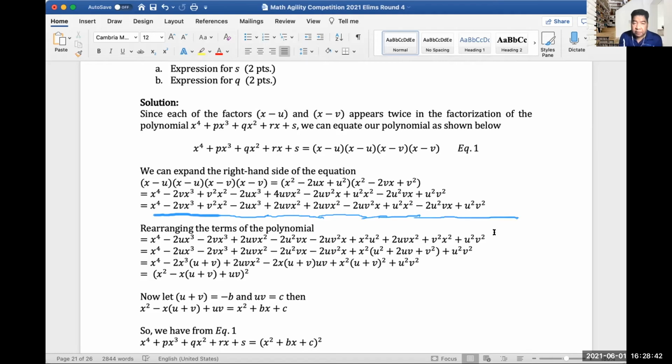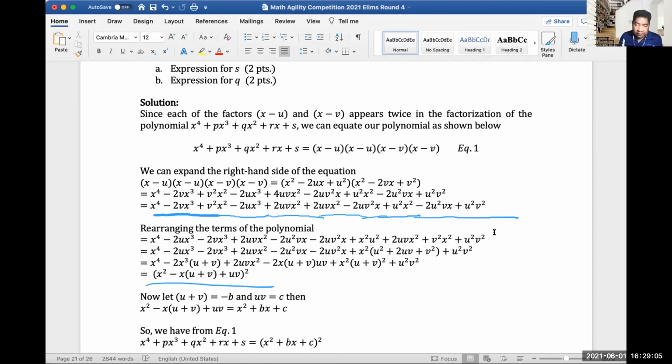So we can rearrange that. You would need art in doing this. It took me some time to do this. After rearranging, you would get this factor: x squared minus x quantity u plus v plus uv, quantity squared.